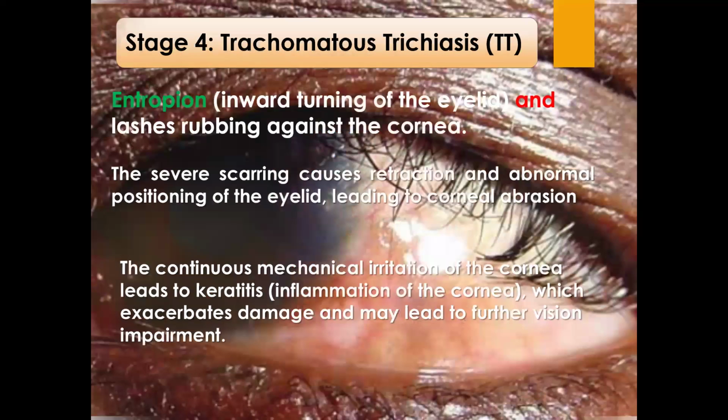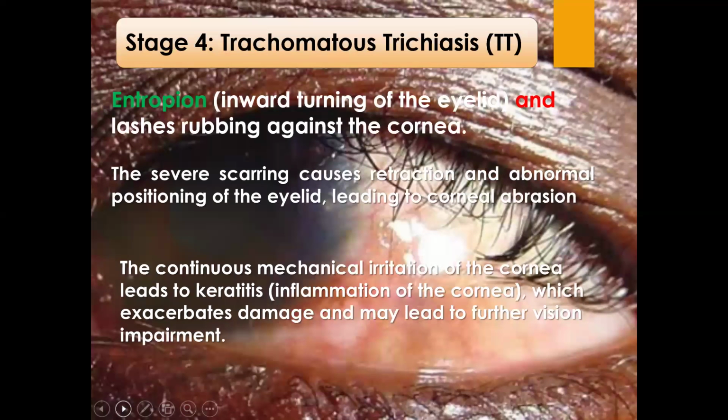The third stage leads to the process of entropion because it begins in the third stage. Then it leads to the fourth stage known as trachomatous trichiasis, when the eyelid has assumed a wrong position that enables the eyelash to be rubbing the cornea directly, known as entropion.